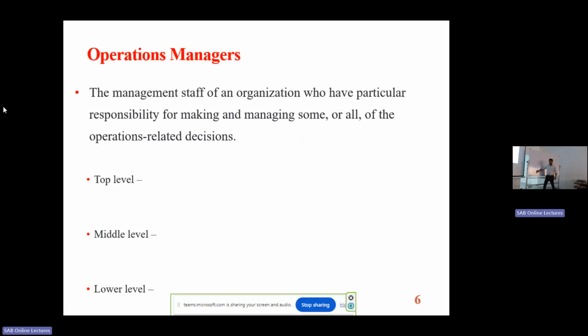Now, CEO kind of positions, chief executive officers and all. Fair enough, true, we can accept it, but not only for operations. CEOs are responsible for overall performance. They supervise all the functions. So in that case, they are also responsible for operations. True.